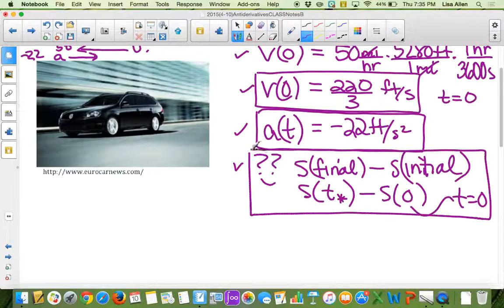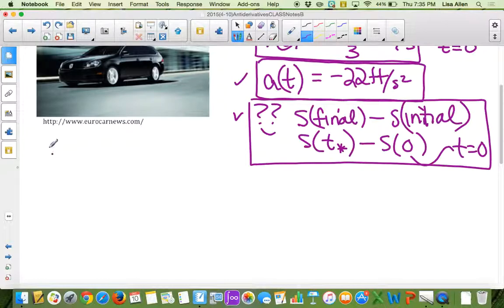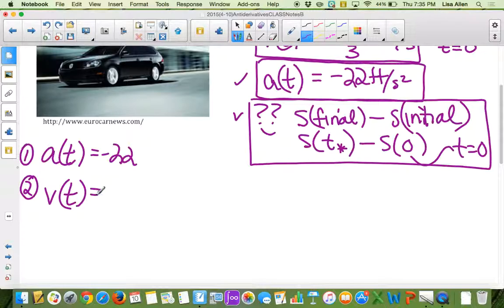So we're going to start with our acceleration. We start with a of t equal to negative 22 feet per second squared, and then we're going to find v of t. There's my a of t, then I find v of t, my velocity. That is equal to negative 22t plus c, an arbitrary constant.